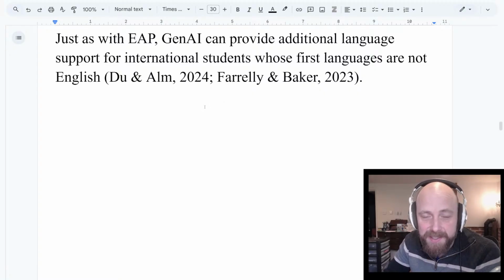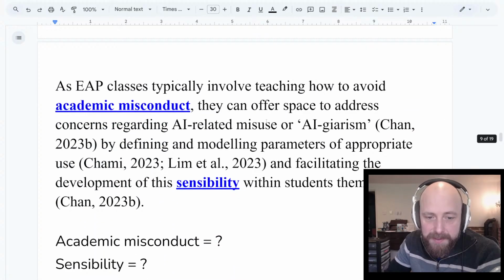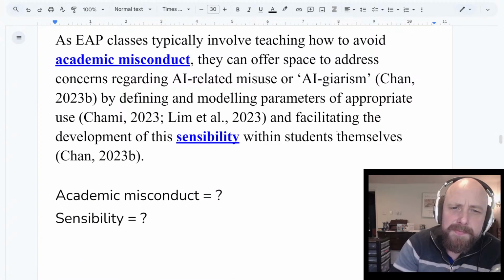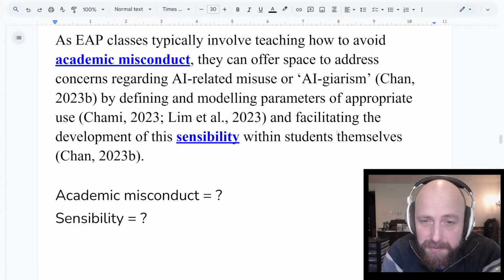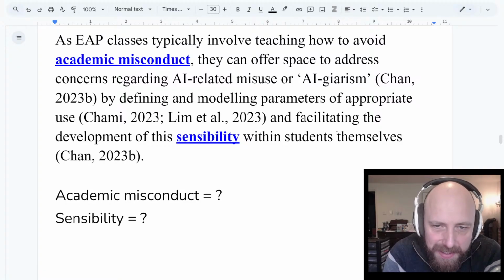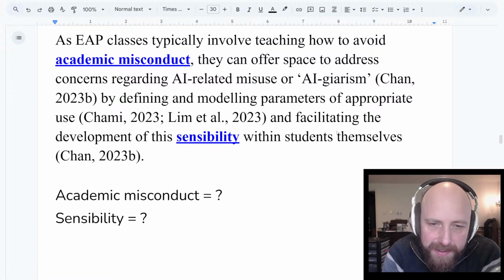So this again is part of the overlap. And I'm sure as language learners, you're quite familiar with how useful GenAI can be in this way.